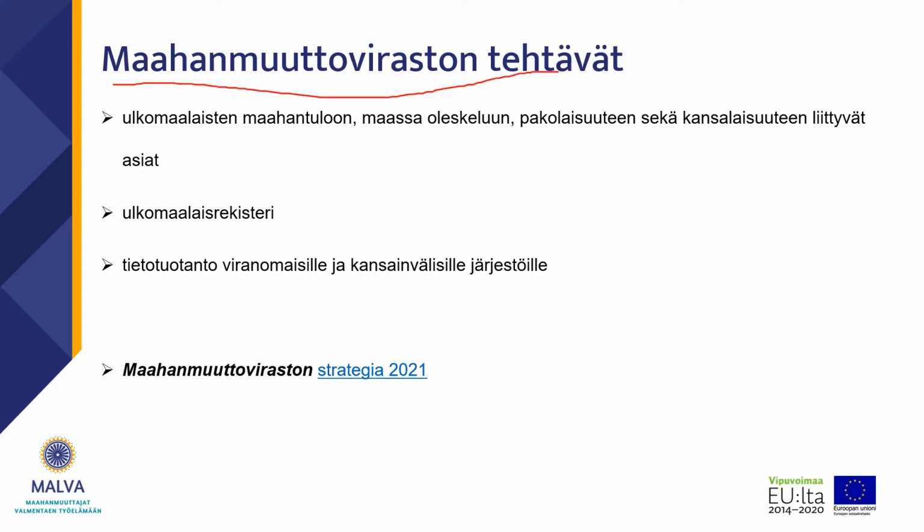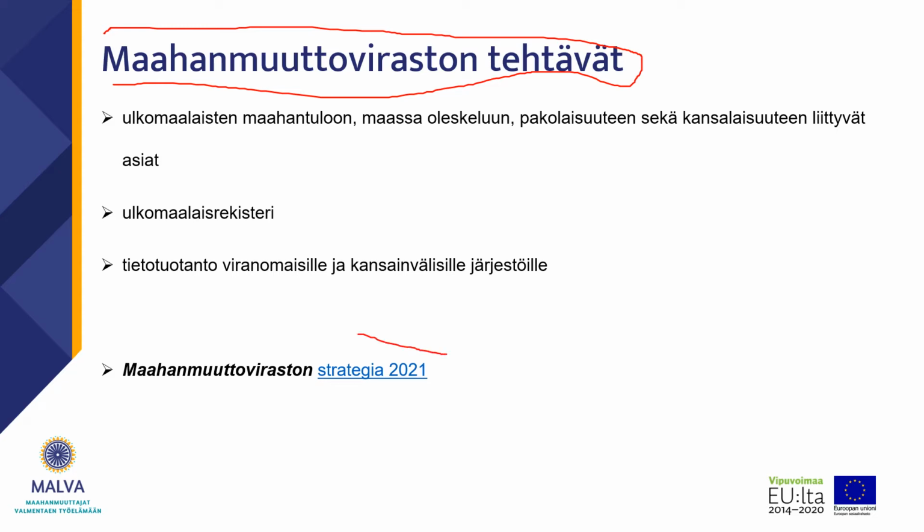There are three main tasks performed by MIGRI, and these tasks mainly include matters related to foreign nationals entering Finland, and residence in the country, refugee status and citizenship, then the register for foreign nationals, and then producing information for authorities and international organizations.